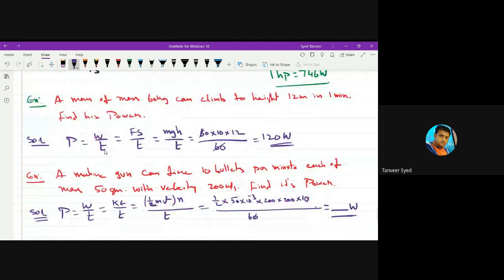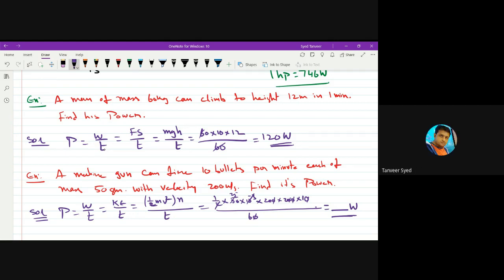Clear? We can simplify half and 50 for now. 25 into 200 into 200. Or I'll cancel these zeros. 1, 2, 3 zeros gone, 10 power minus 3 gone. So it is 20 into 2, 40, 40 into 25. 40 into 25 is how much? 1000.